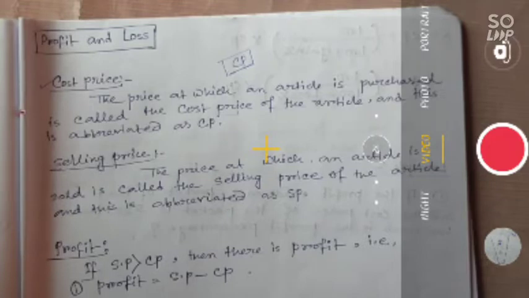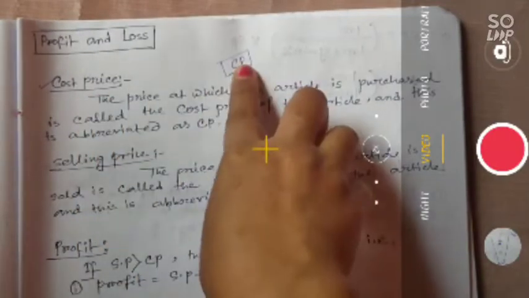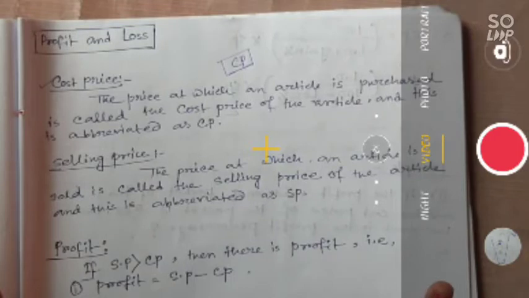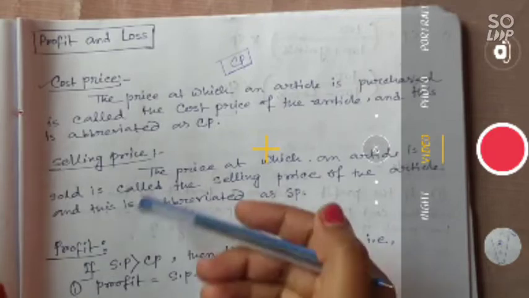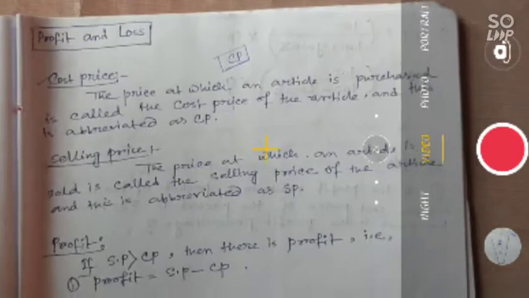So the price at which the article is purchased will be called the cost price, and we can write cost price as CP. This is the short form of cost price. Understood? Yes, CP.